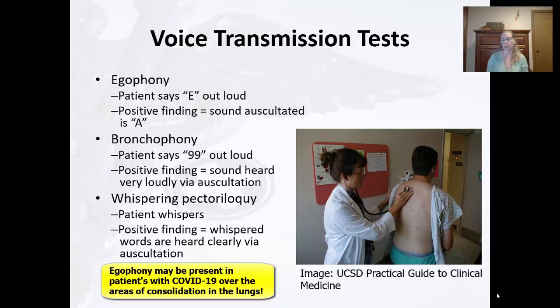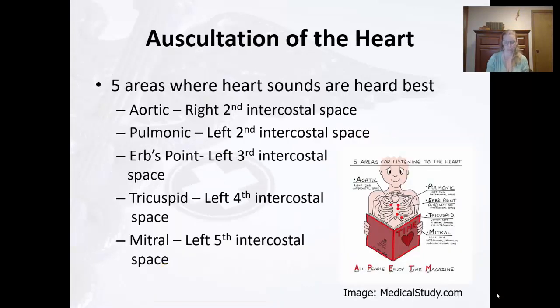All of these tests can indicate that there could be areas of mucus in those parts of the airway. If you have weaker or softer sounds when you're doing voice transmission tests, you may have a patient who has hyperinflation, like in COPD in those patients.